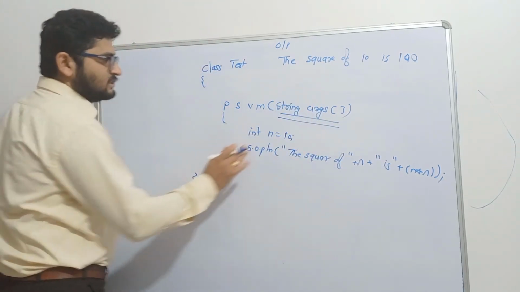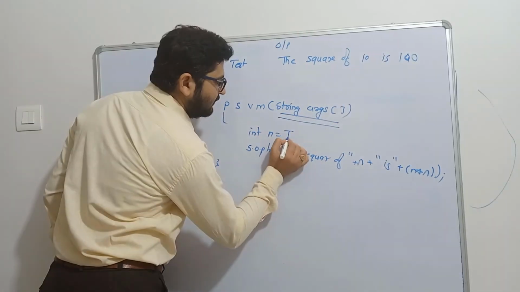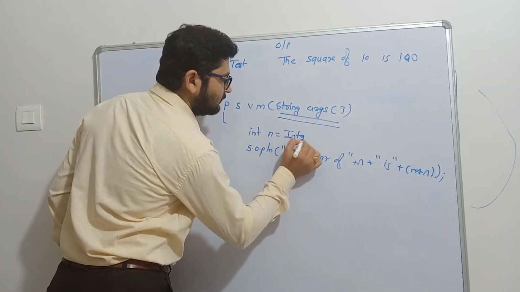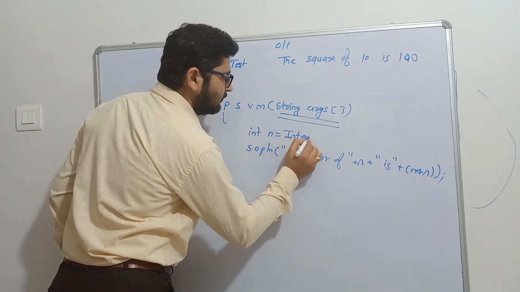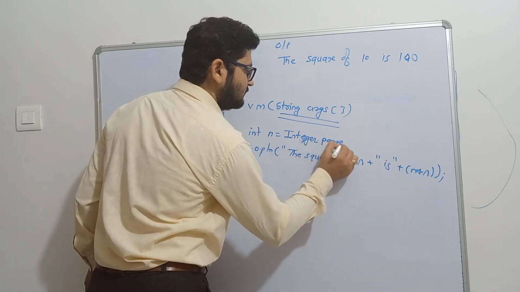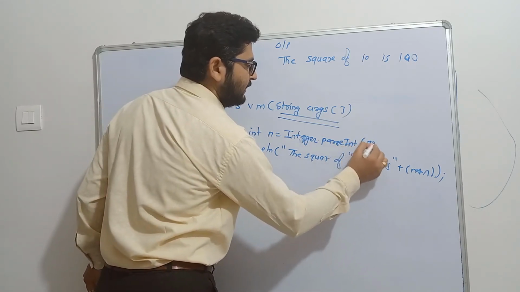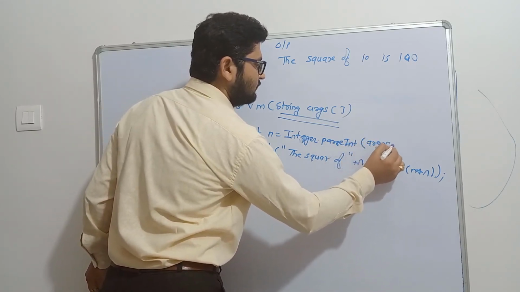Instead of n is equal to 10, I am going to write Integer.parseInt, and inside this I am going to give args of 0.